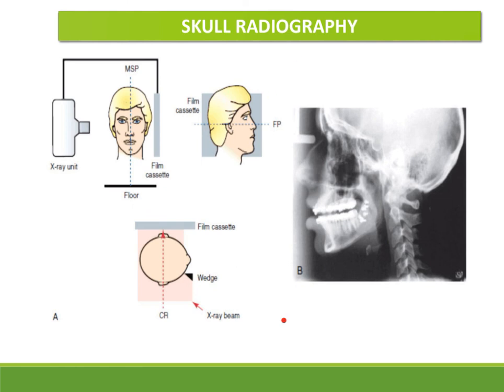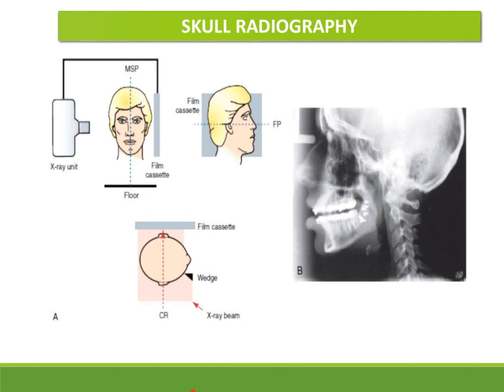Sometimes if you want soft tissue and hard tissue together, very important, you call it lateral cephalogram or lateral cephalography. Now if you want only hard tissue, it's called true lateral skull. If a surgeon asks for true lateral skull, it means he doesn't need soft tissue.